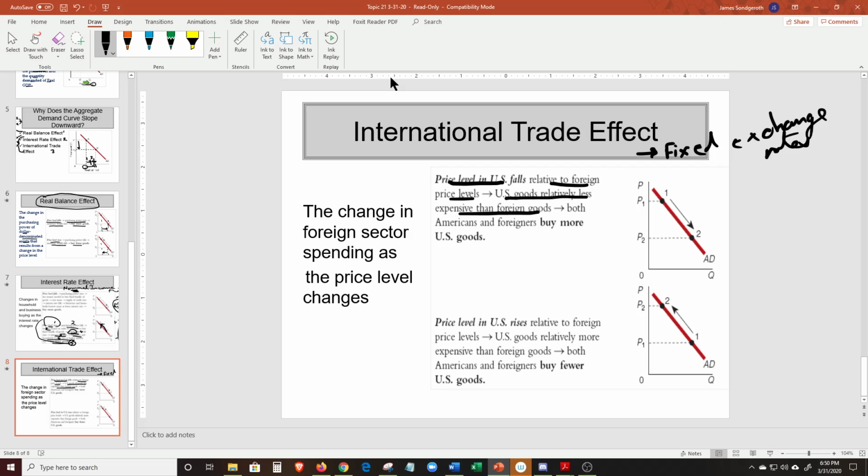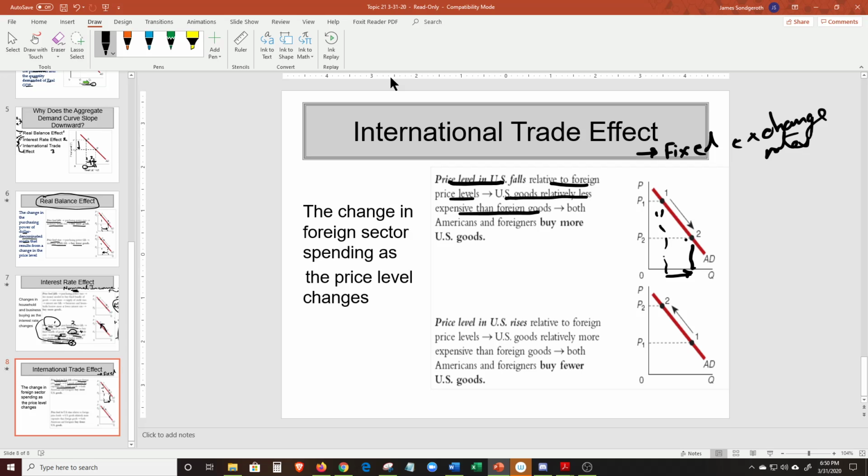So from an American point of view, their price has gone up. Foreigners, however, have to spend fewer yen, pounds, and euros to buy a dollar, and hence American goods prices go down. So what you find is that the demand for American produced goods goes up because of this international trade effect.